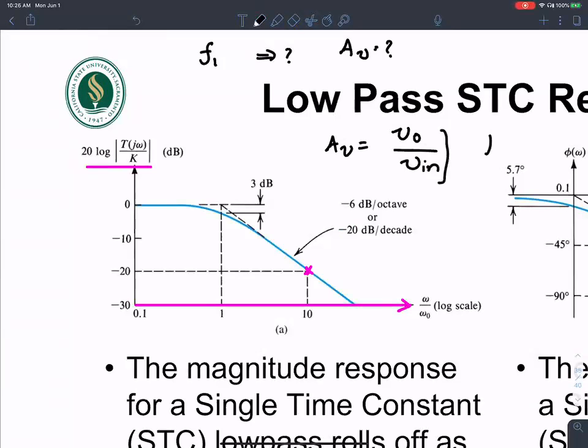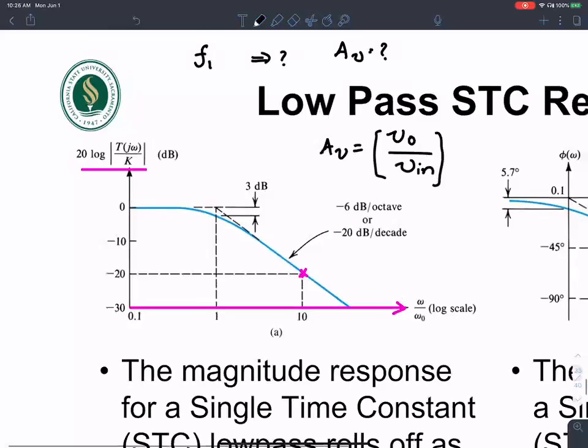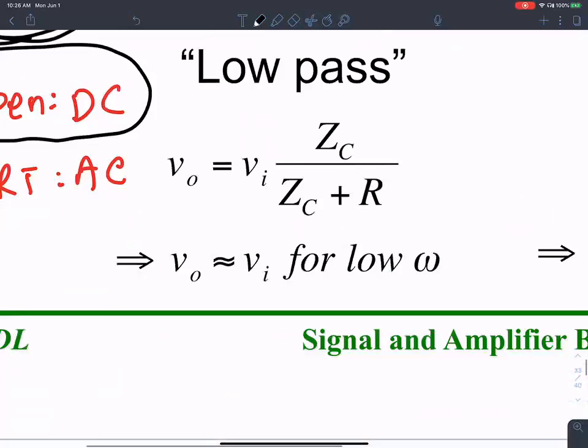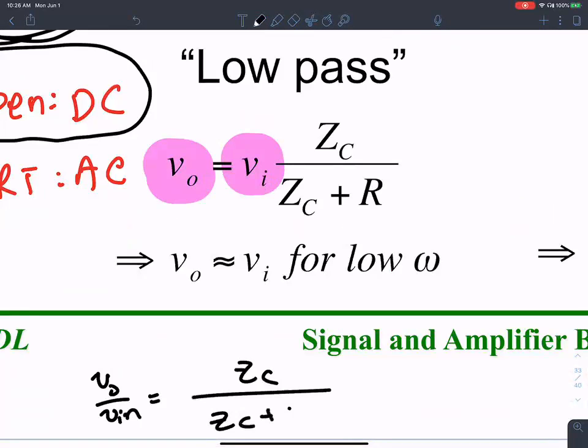You can express this in terms of j omega. When you express this in terms of j omega, the transfer function V out over V in will give you the gain, and as you can see, it has a frequency component. If you see this V in and this V out, V out over V in is ZC over ZC plus R. But ZC, you know to be 1 over j omega C, right? 1 over SC.